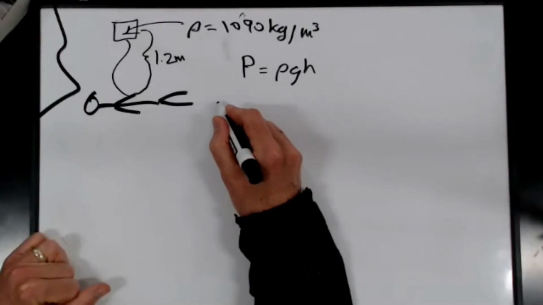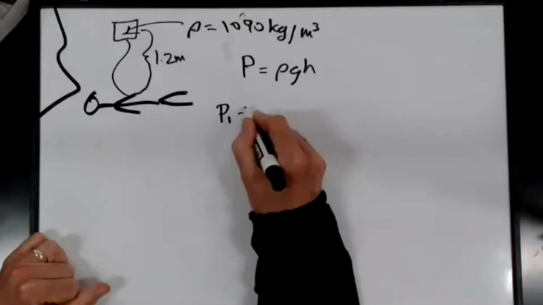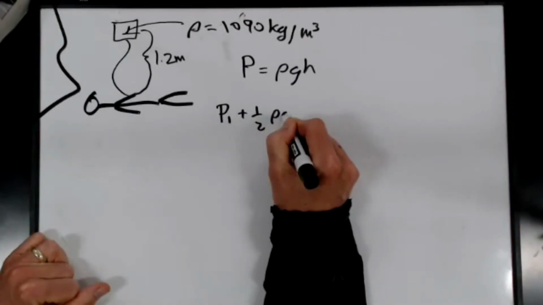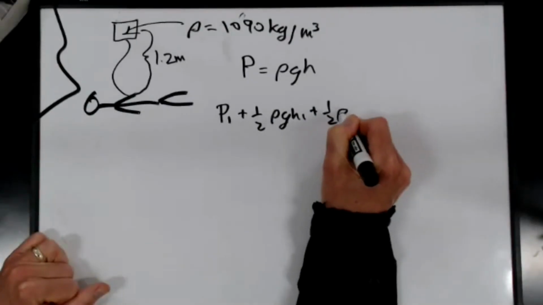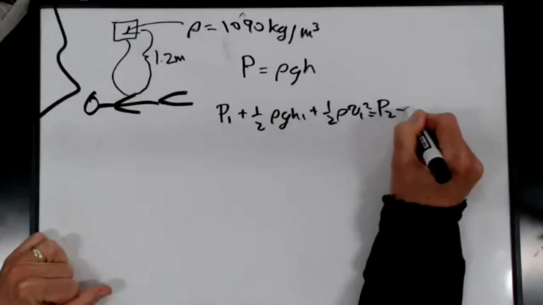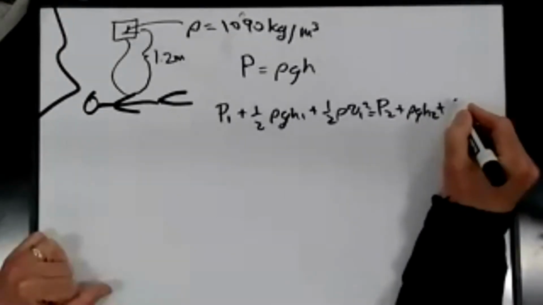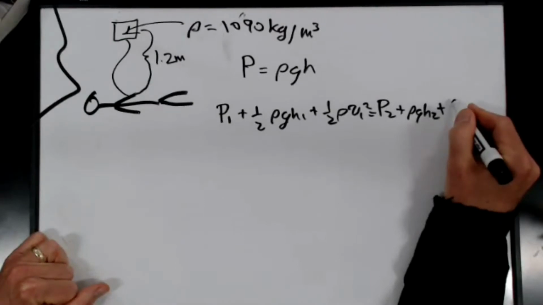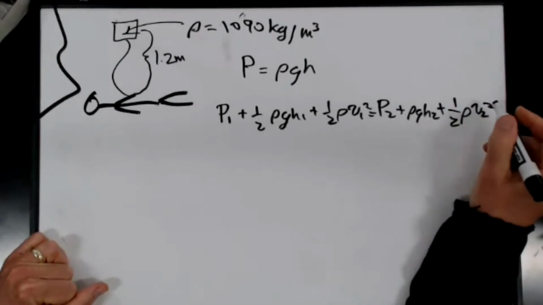You could say P1 plus rho g h1 plus 1/2 rho v1 squared is equal to P2 plus rho g h2 plus 1/2 rho v2 squared.